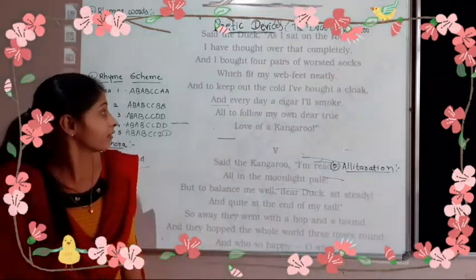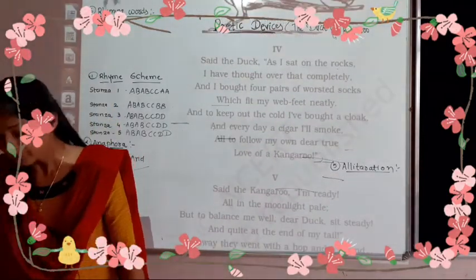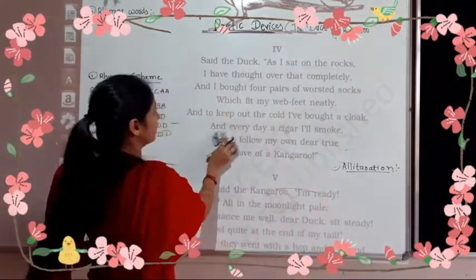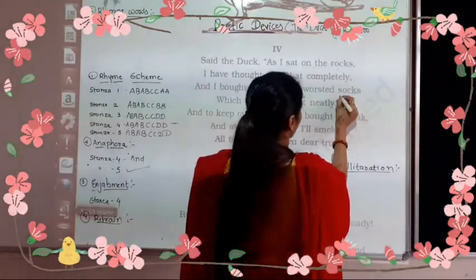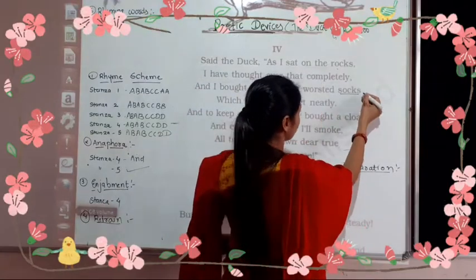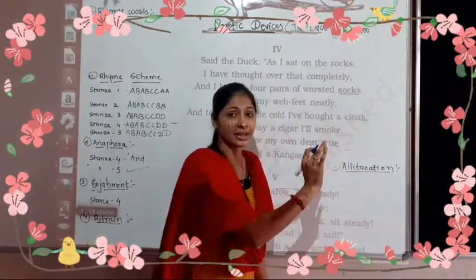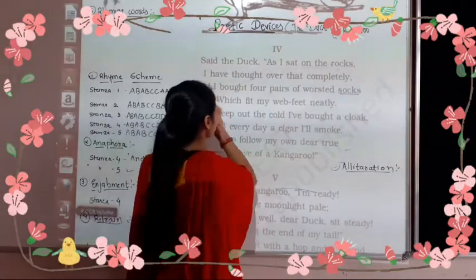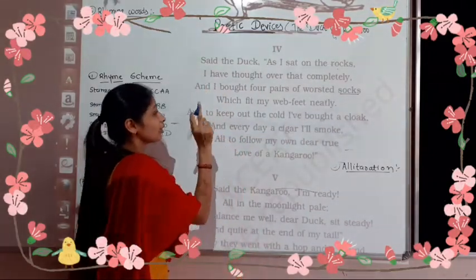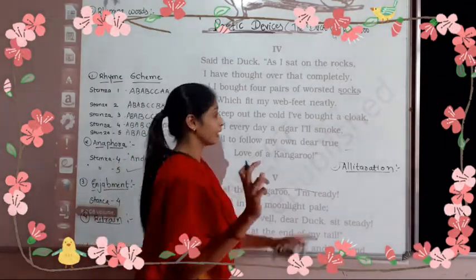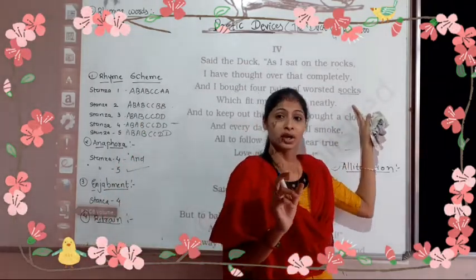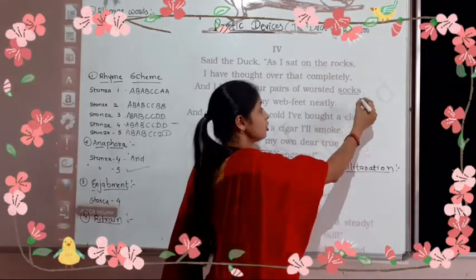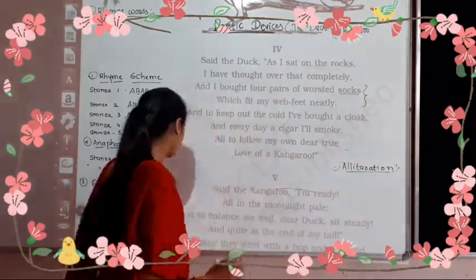In stanza number 4, again, see here students, line number 3, socks. After socks, no punctuation marks are given. It means that this line continues in the next line. These two lines are only one sentence, we can say, because at the end of this word, no punctuation marks are used by the poet. So this becomes the example of enjambment.